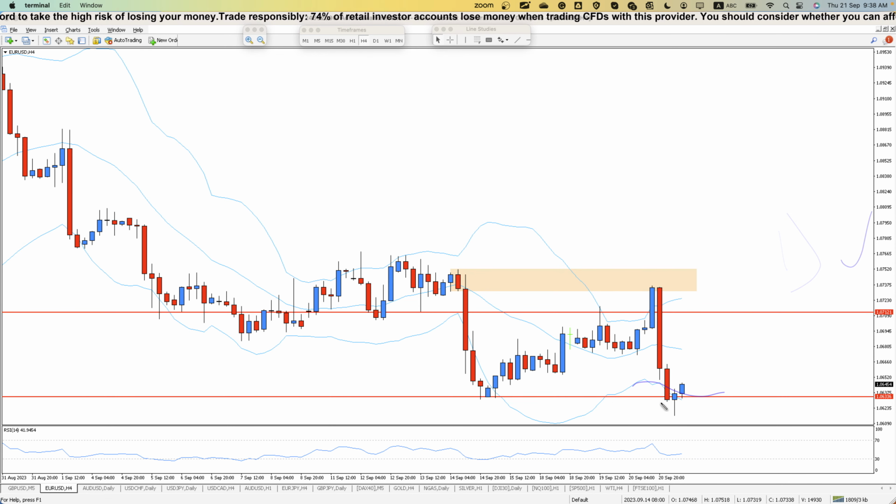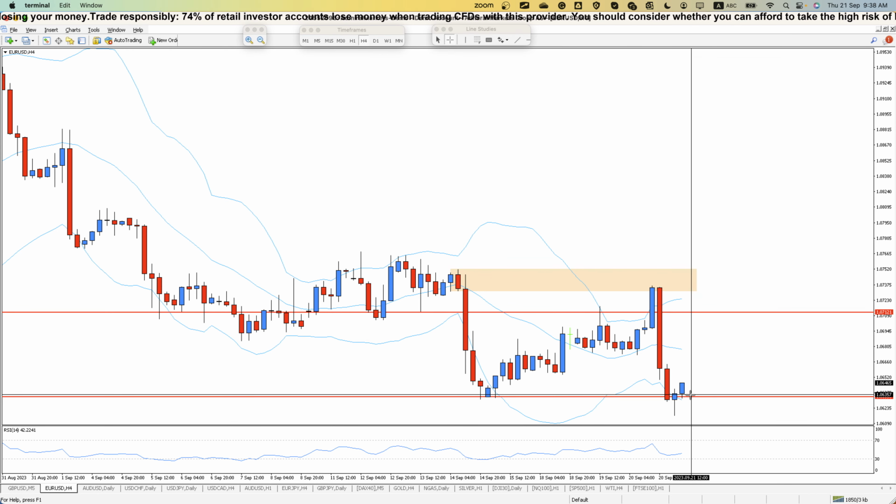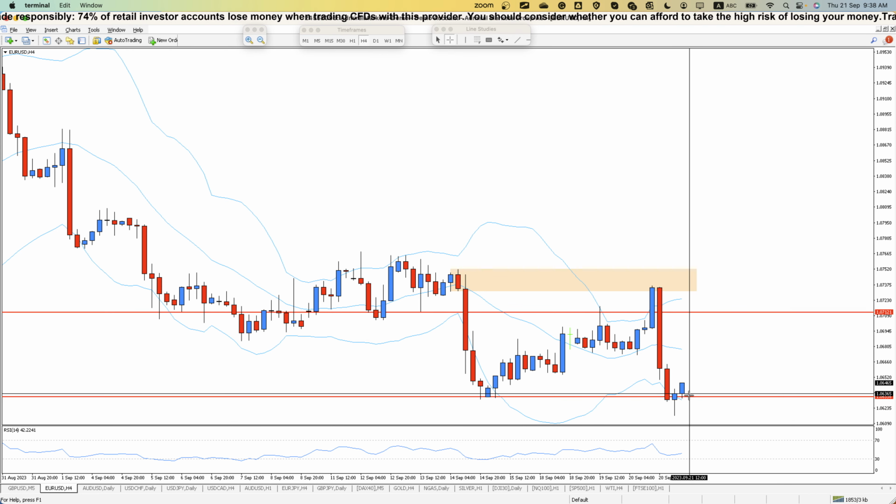We are at the lower band, another thing, and then price touched the strong support, the weekly support, and then it printed a reversal price action. Now in these occasions, what I pretty much like to do is to put a buy order here with a stop loss around 20 pips.